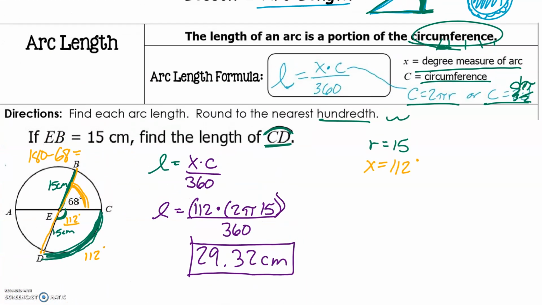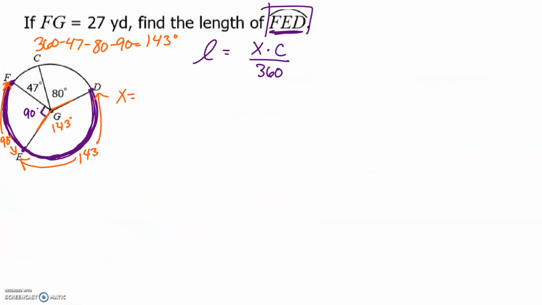Remember we talked about the degree measure of the arc being x. Now we're going to end up with 90 plus 143, and that's going to give us x equals 233. So that's going to end up being 233 times our circumference.